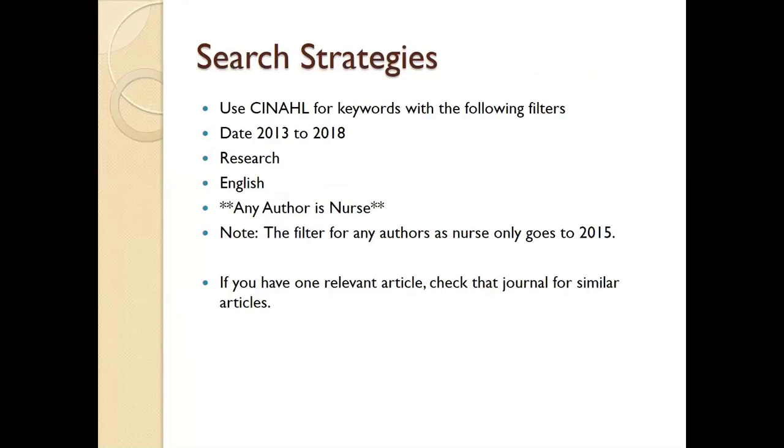So if you select that, you're going to be missing literature from basically 2016 to 2018. So I wanted to put that in as a caveat. I don't necessarily recommend it right away because of the lack of articles.